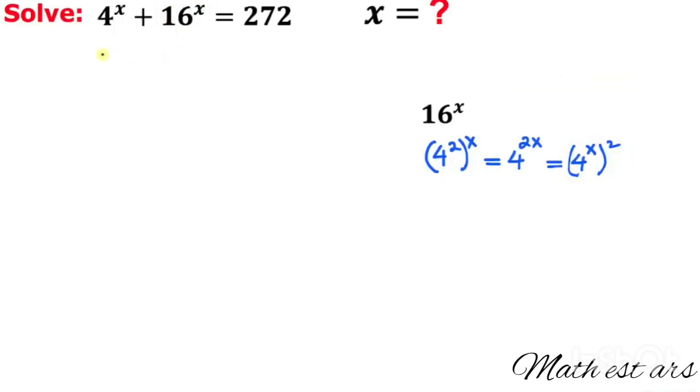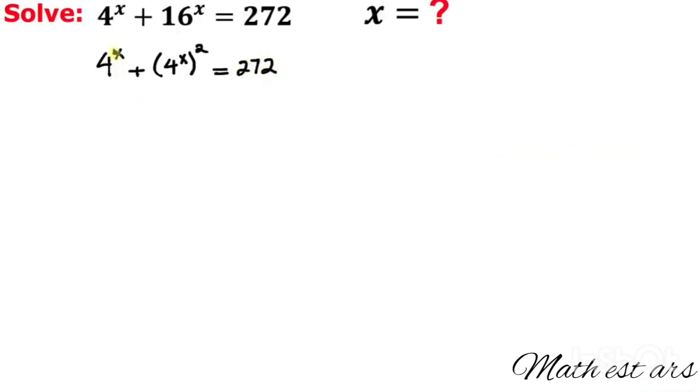Thus this equation could be written as 4^x, which I'm going to leave as it is, plus 16^x, which I'm going to replace by this one, (4^x)^2, equals 272.